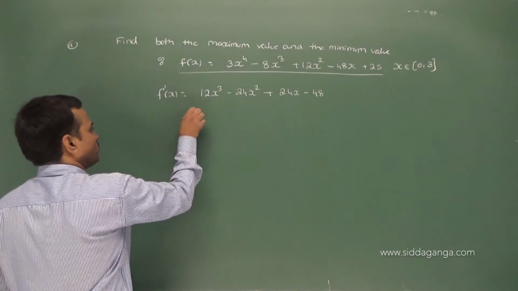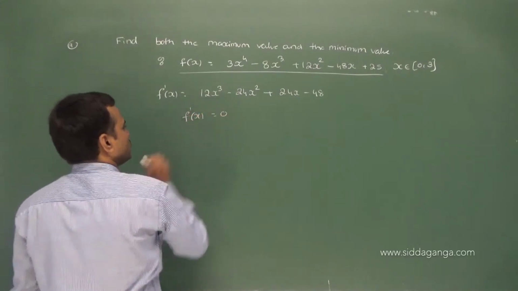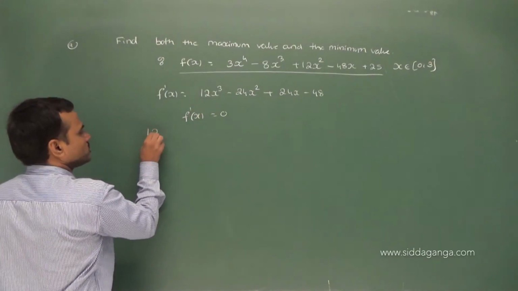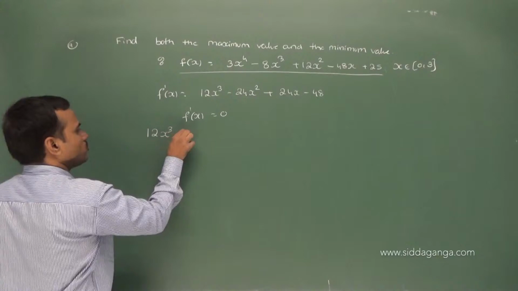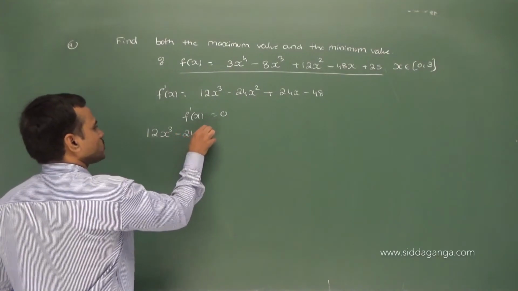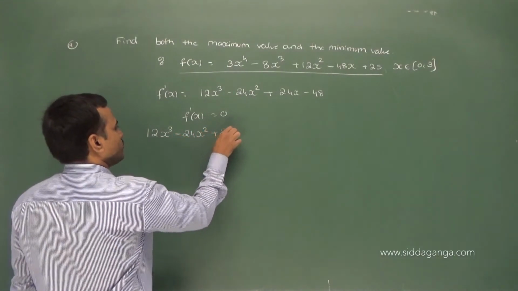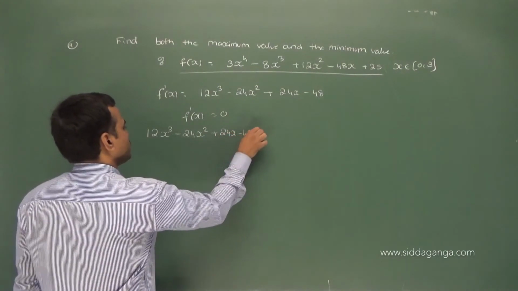F dash of x is equal to 0: 12x cube minus 24x square plus 24x minus 48 is equal to 0.